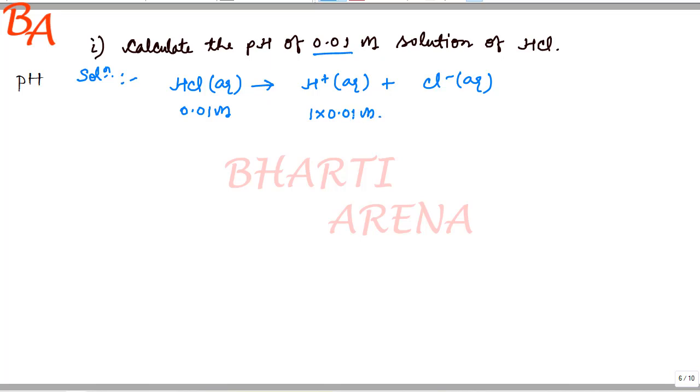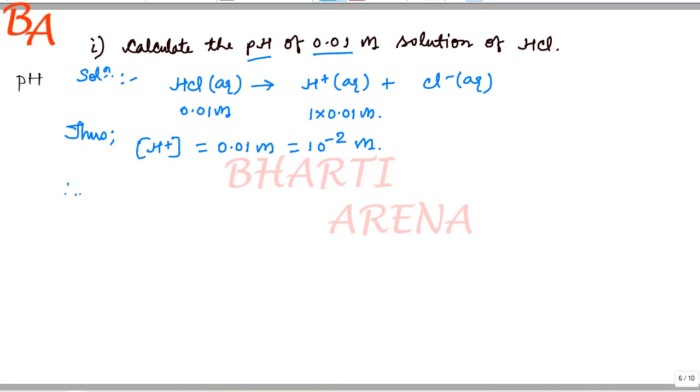We need only the concentration of hydrogen ion because we have to find out pH. Thus, concentration of hydrogen ion equals 0.01 molar equals 10 to the power minus 2 molar.